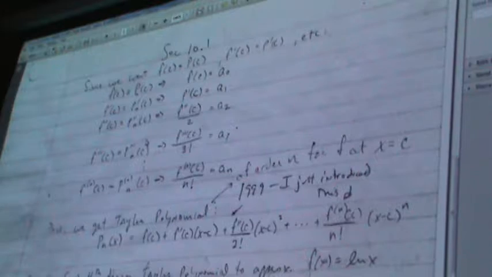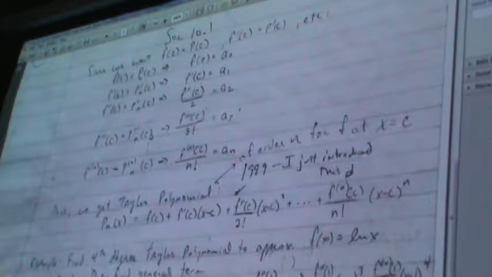If I got down to a5, which I don't show, it would be 5 factorial times a5, all the way to a sub n, which is n factorial. So now I'm going to line up the functional values and the derivatives. Let me see what I get. Alrighty.